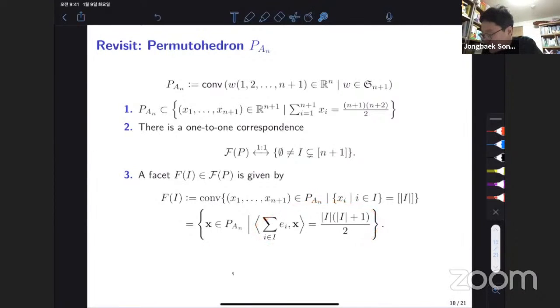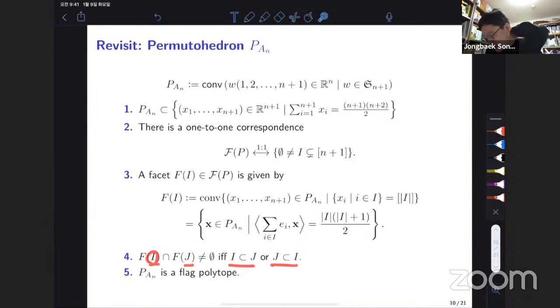The reason why I showed you this is that I need the normal vector to present the cohomology. Two facets intersect whenever one index set is a subset of the other. So we can fully understand the combinatorics of the facet structure, and this permutohedron is a flag polytope.